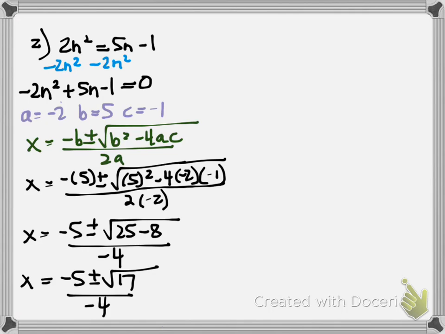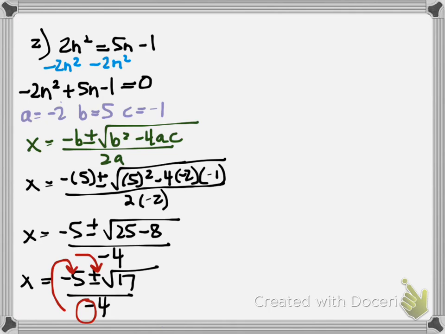Okay? Now, there's nothing really much I can do at this point. It's really not a good idea to leave a negative in the denominator. So what we're going to do is distribute that, as we've talked about before, distribute that back up to the top.